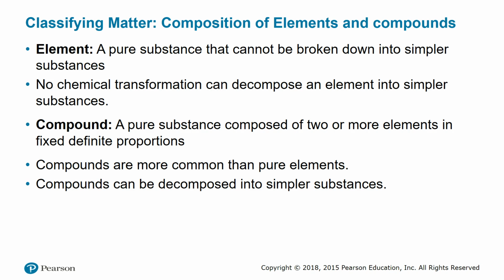A compound is a pure substance composed of two or more elements fixed in definite proportions. So again, when we talk about a compound, it means it can have that chemical formula. Salt is always going to be NaCl.